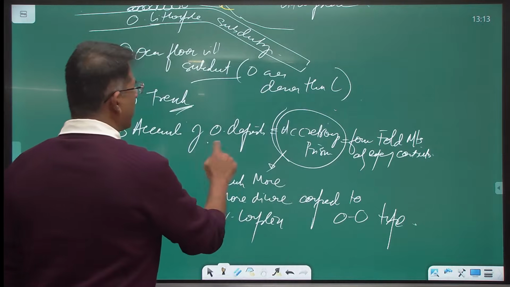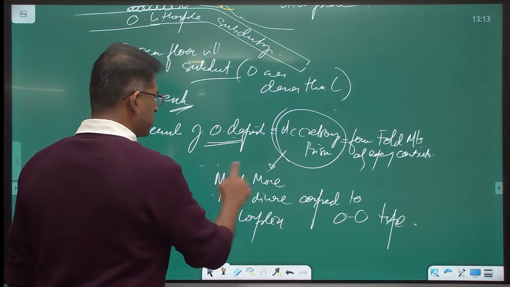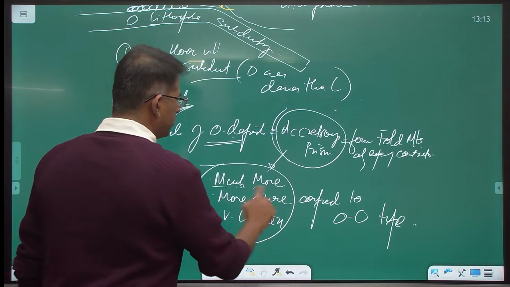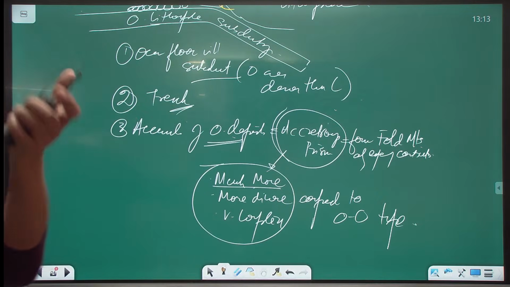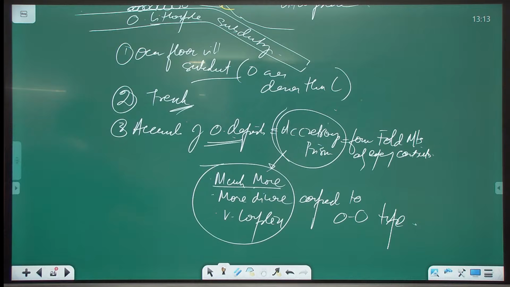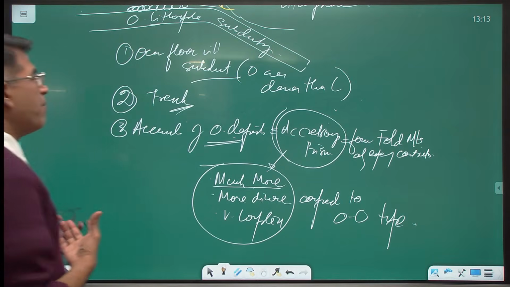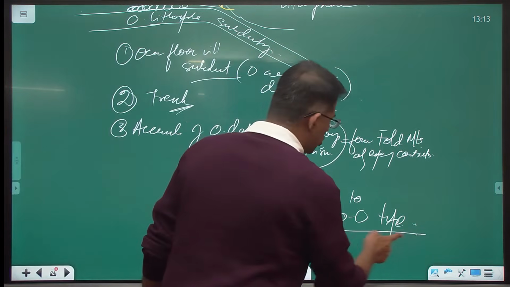These OC deposits will be much greater in amount. It is much more in terms of quantity, it is more diverse, there will be more variety. It's more complex when I compare the sediments with the ocean type.